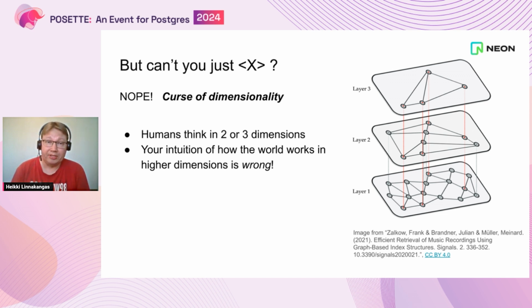And because of that, your intuition of how the algorithms work with a higher number of dimensions is just wrong. If you look at any of the papers on graph algorithms or vector search algorithms, you will see pictures like this one. This is from an HNSW paper. It's the first one I happened to find. And it's mapped as 2-dimensional levels or layers.